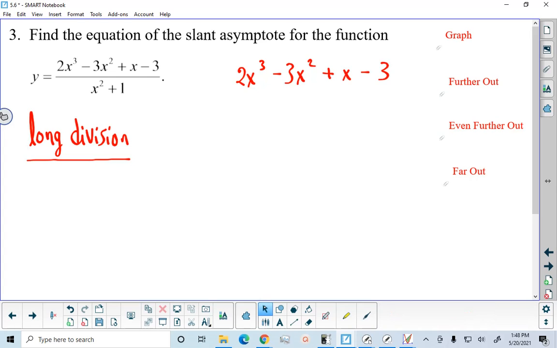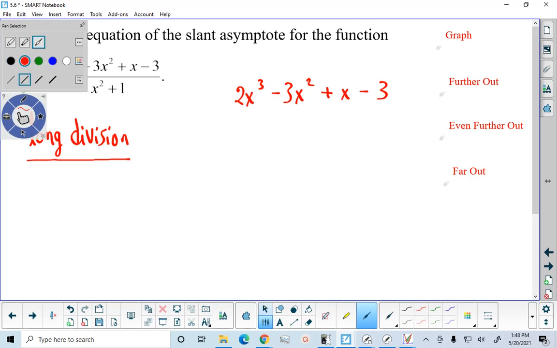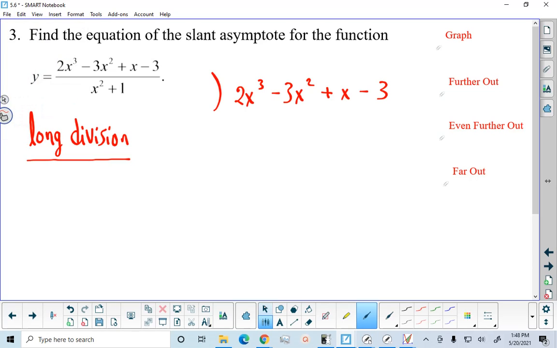We have to divide that by x squared plus 1. So we're not just putting the coefficients, you're writing the entire polynomial including the x's. It's not difficult, it's just something you don't do very often, so it takes some practice.